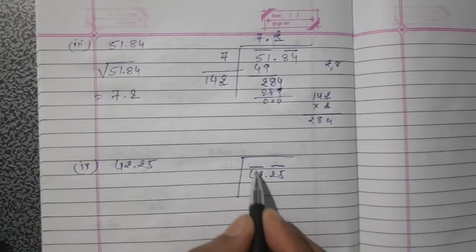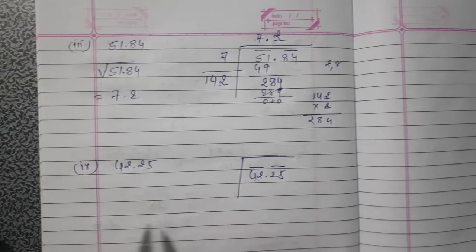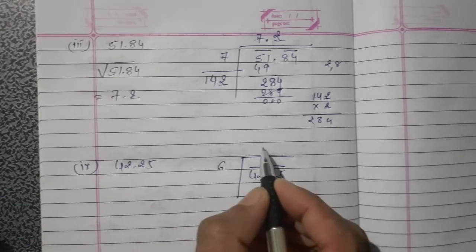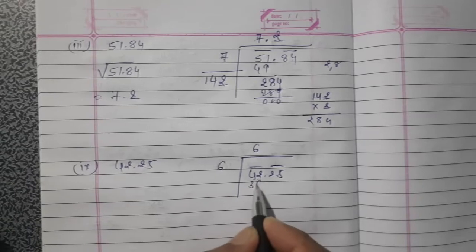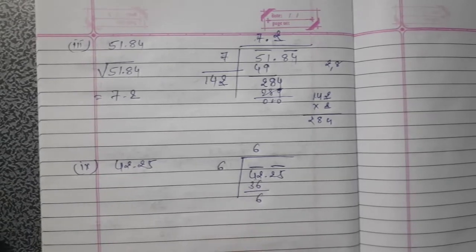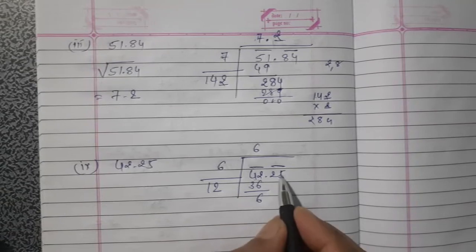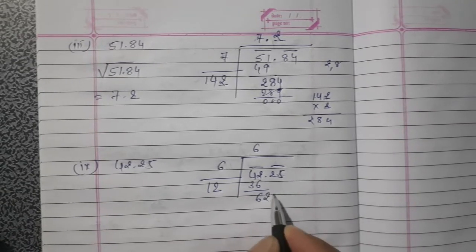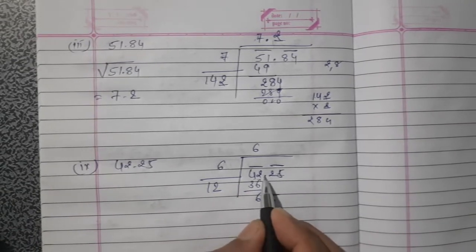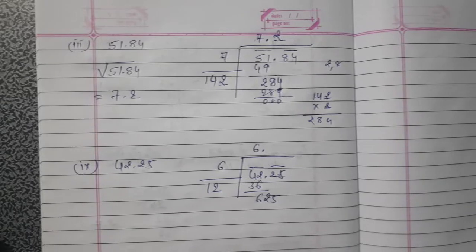The number under the first bar is 42, so take the number whose square is less than 42, that is 6. 6 sixes are 36. Here we get 6, and the double of 6 is 12. Now 25 comes down. Before 25 a decimal is there, so put the decimal here.